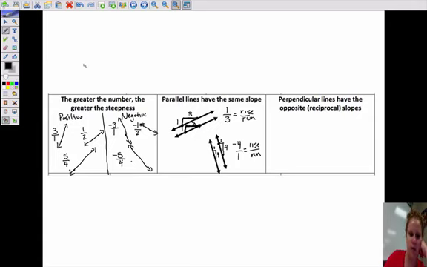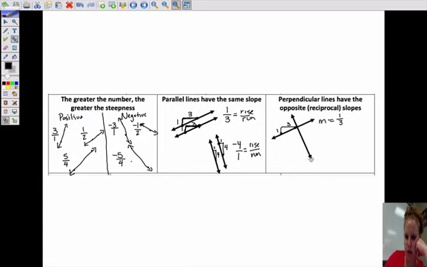Perpendicular, which you might not be as familiar with. So if I have a line that's perpendicular to this one, we knew this line had a slope of up 1/3. So m equals 1/3. If I want a line that crosses that line at a 90-degree angle, that's what perpendicular means, I would need a line that goes down 3 and over 1.